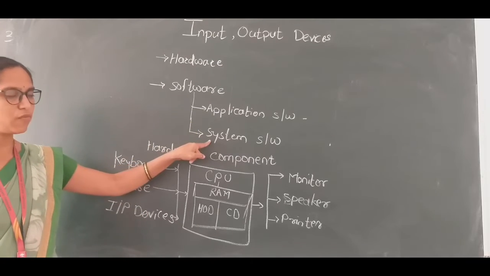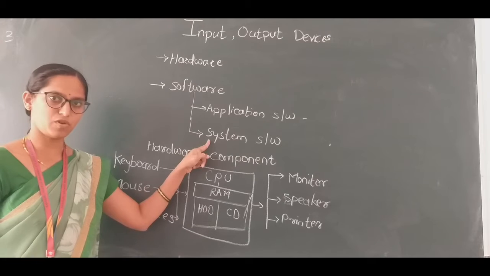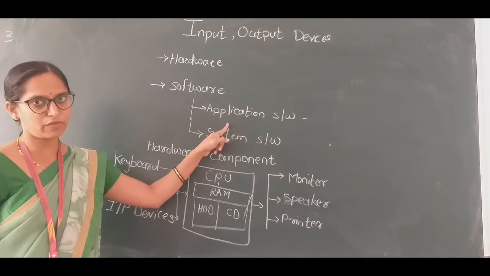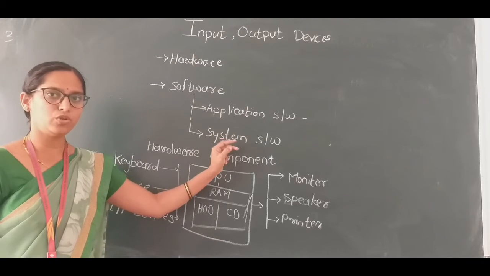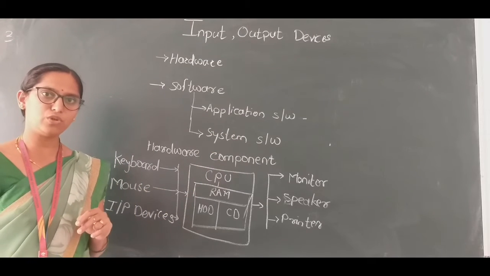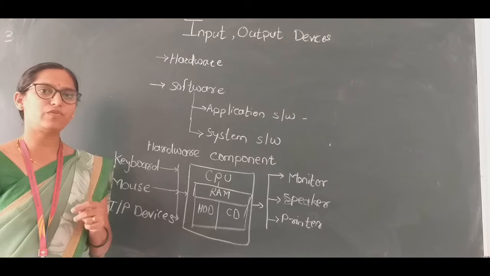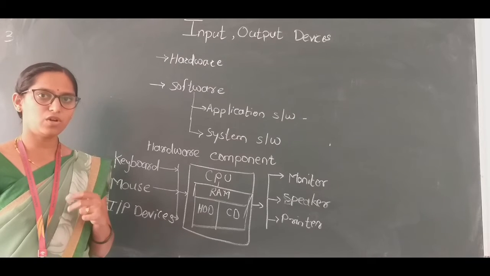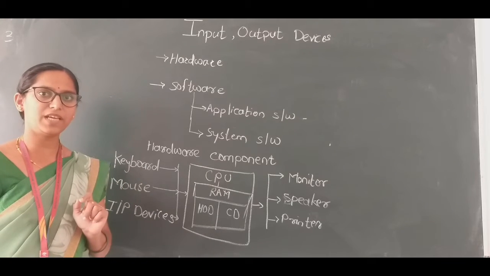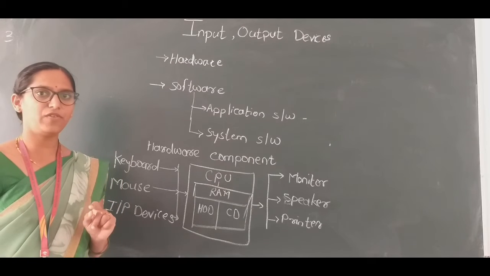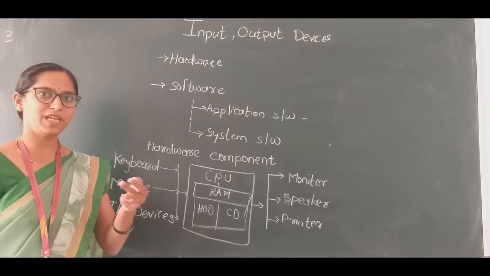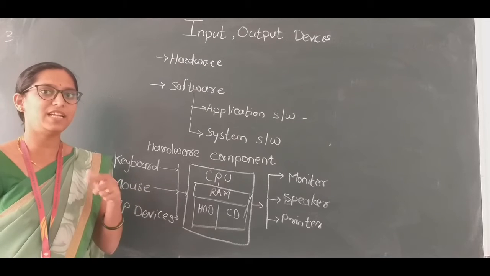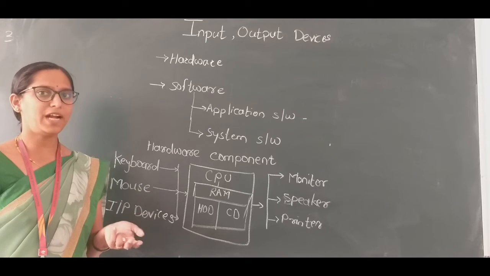Software is again classified into two types. One is application software, second is system software. First, what is application software? Application software is designed for unknown users or a number of external users. What do they do on that software? External or unknown users can open that application, see the graphical user interface, understand the meaning of that interface, and give different operations on that platform.